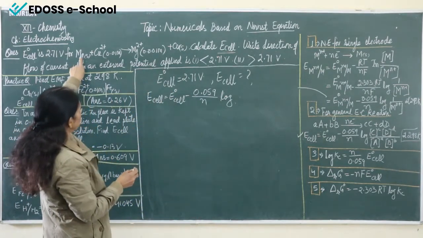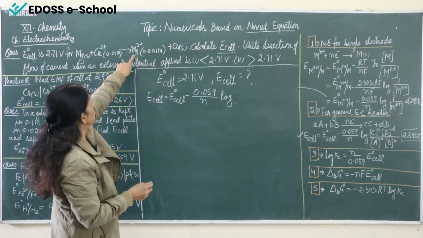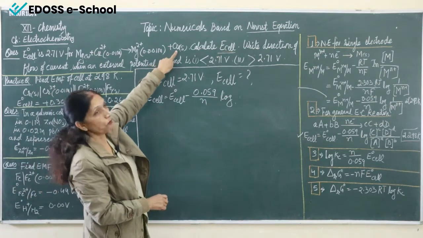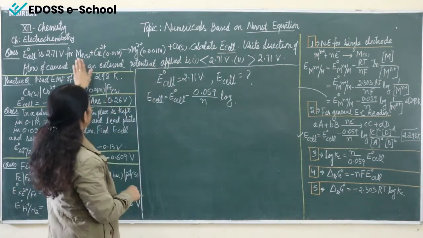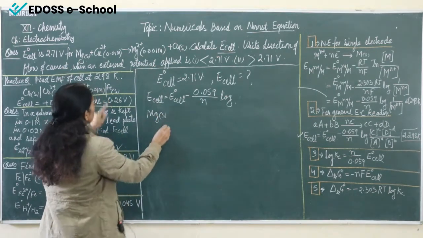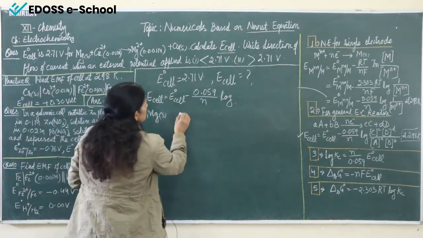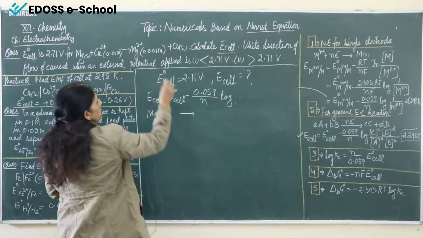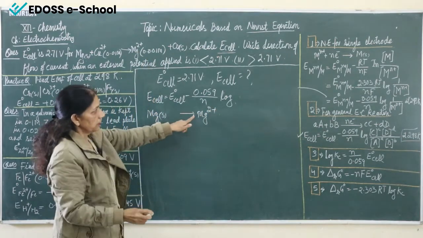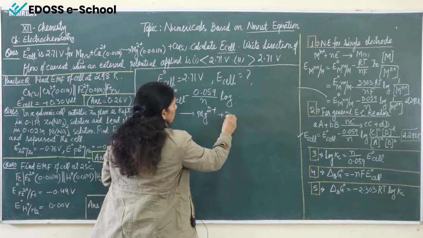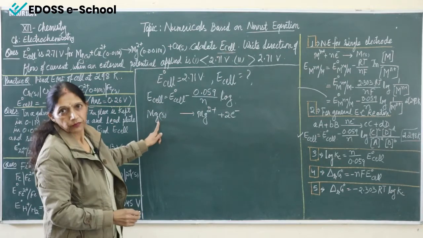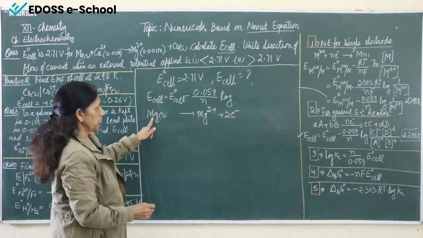Magnesium is converting into magnesium ion, and copper ions are converting into copper solid. So how will we write here? We will write magnesium, this is solid, and this is converting into magnesium ions. That means 2 electrons are released by this metal.